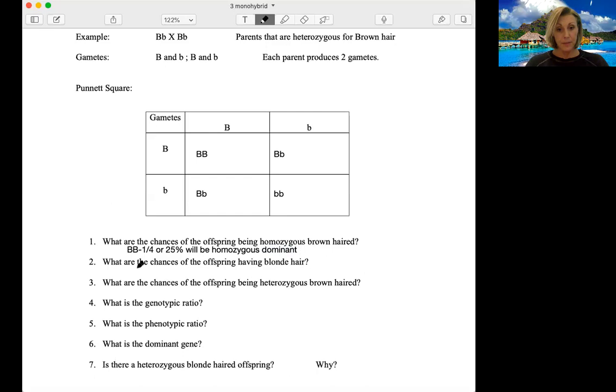The chances of it being little b, little b.